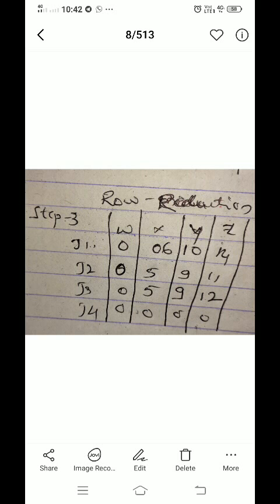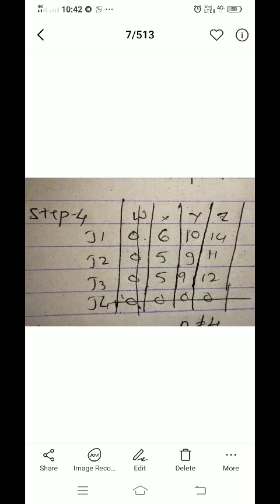Now I would like to strike out the first column and the fourth row. This does not cover entire columns or rows, and non-zero uncovered elements are left in the remaining rows and columns. For that reason I should go for the next step.